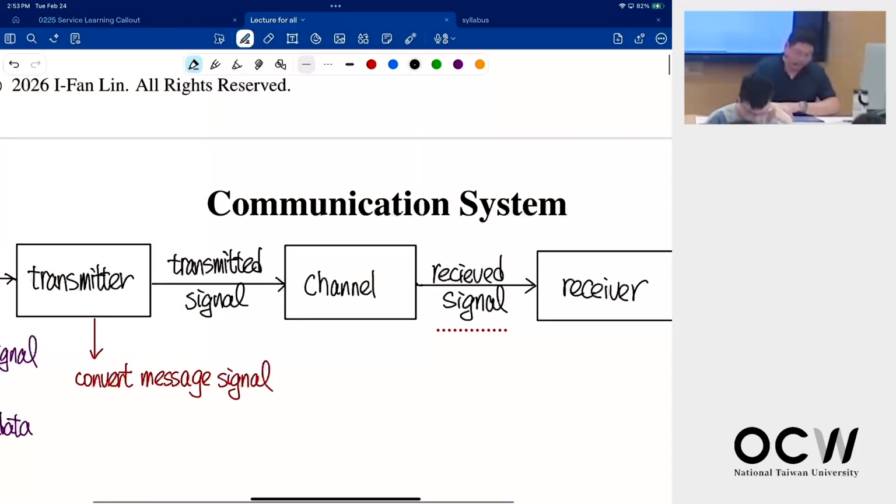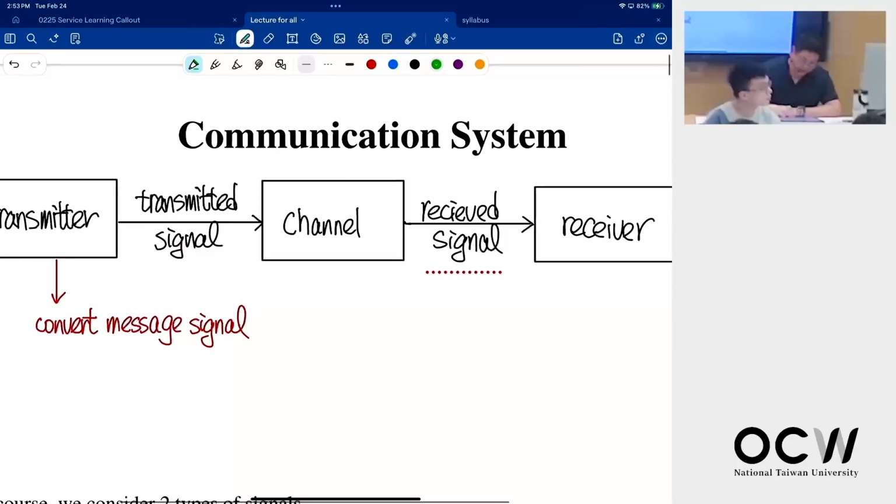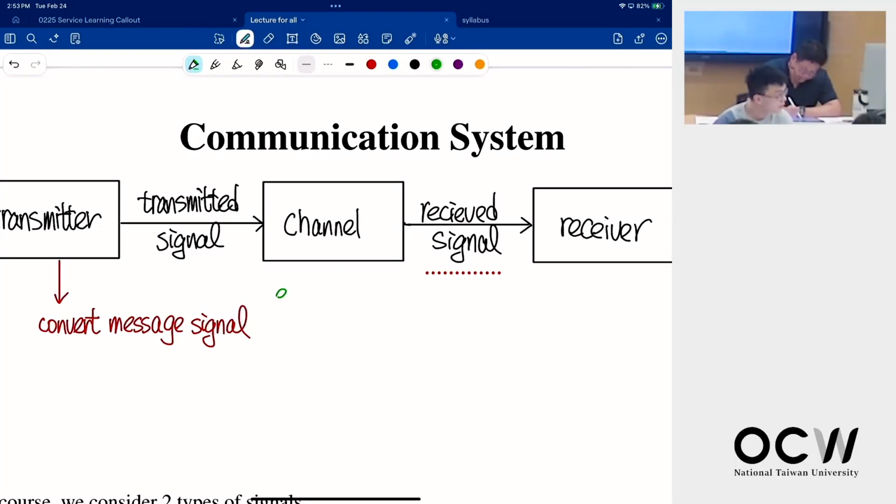All right, so here the channel could be a mobile channel, or the satellite channel.